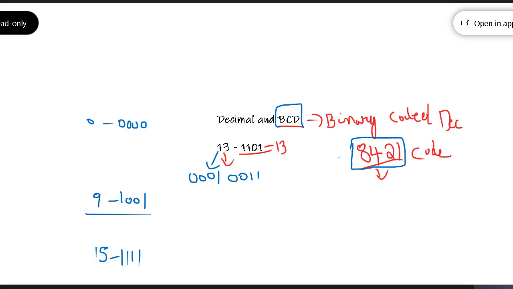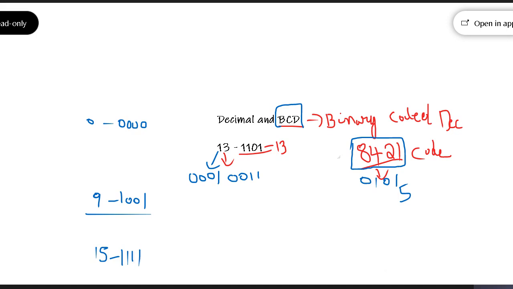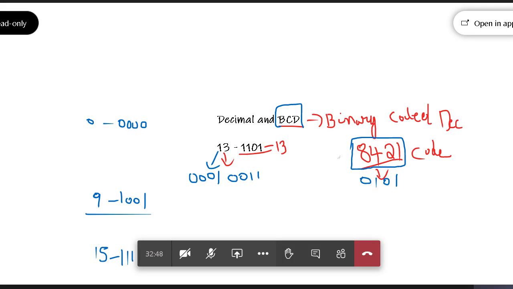For example, if the number is 5 and I want to represent it in the 8421 code, obviously 5 is what? The 8 place will be 0, the 4 place will be 1, the 2 place will be 0, and the 1 place will be 1. So 0101. Now, you can represent binary numbers only up to a certain bit representation, which is 4 bits.